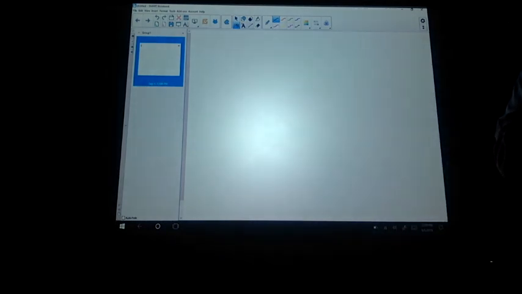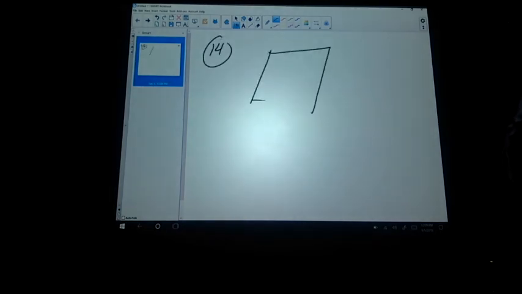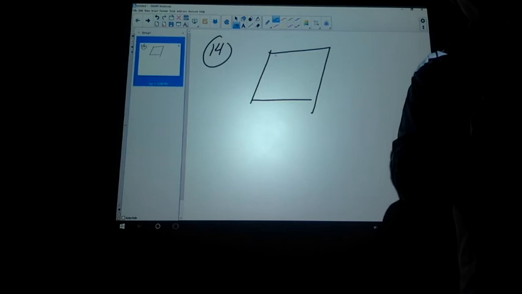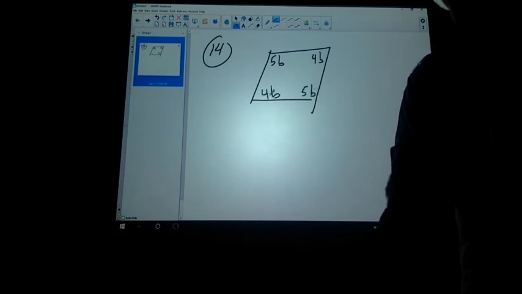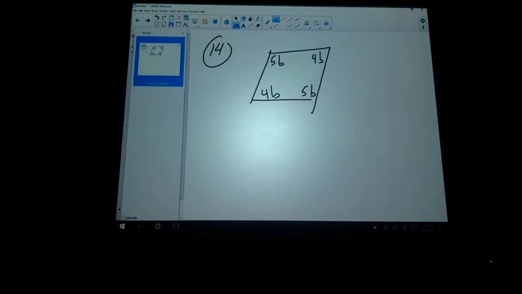You might come across something like this, which is that shape. They call that 5B, and that 4B, and that 5B, and that's 4B. And then they tell you that the sum of the interior measures of this shape is 360 degrees.